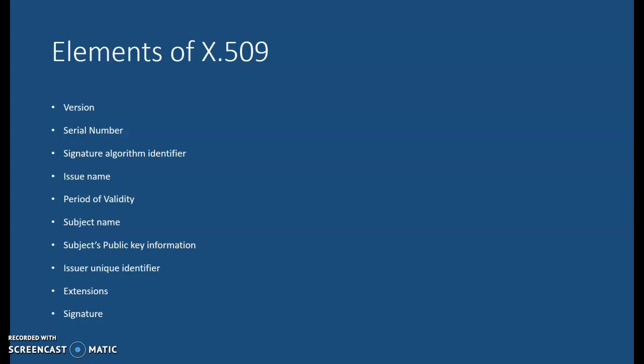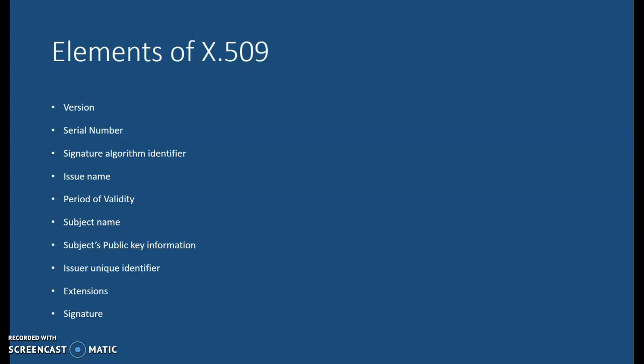Then subject name, the name of whom this certificate refers to. Subject's public key information: the public key of the subject plus an identifier of the algorithm for which this key is to be used, together with associated parameters.